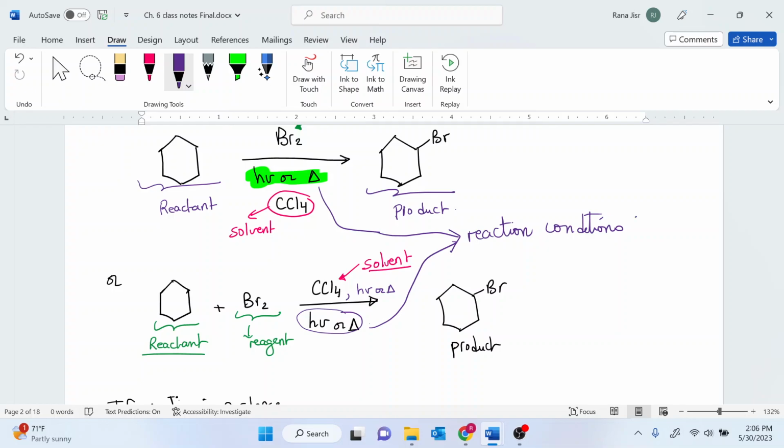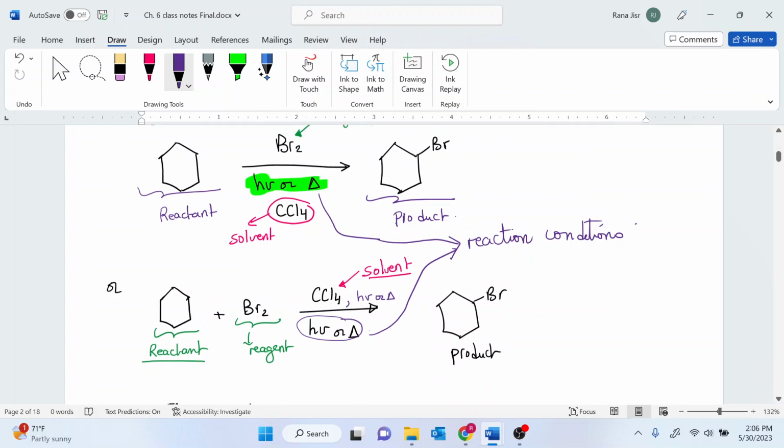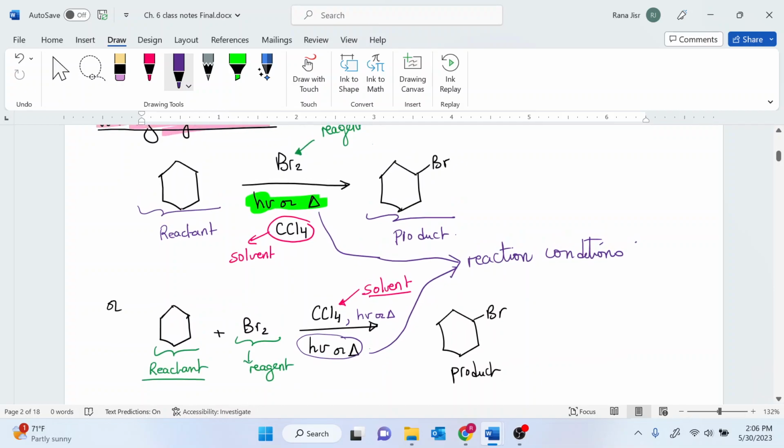So it depends where you want to position them, and all the positions are right, either underneath the arrow or after the solvent. This is a one step reaction. So in a one step reaction, you have a reactant, you have one reagent in there, and then you have your reaction conditions, and then the solvent, and then you have your product.